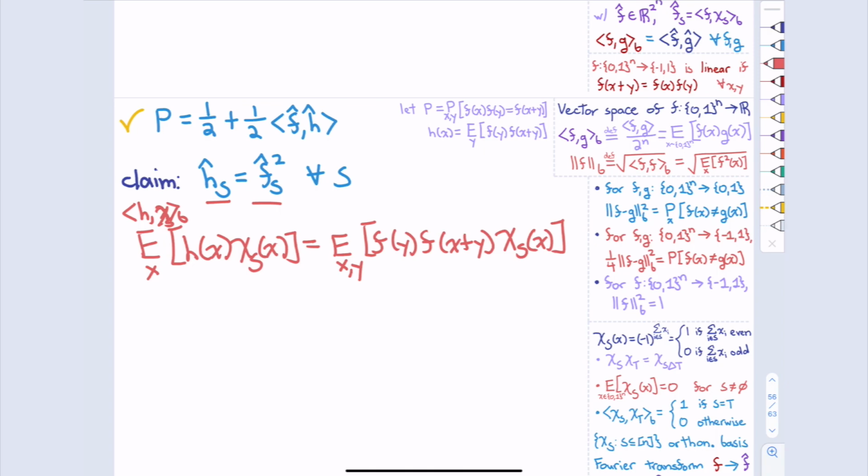Now by linearity, chi s of x plus y times chi s of y is equal to chi s of x, because we are working in bit strings. So x plus y, the two y's would just cancel each other out and go to 0, because everything's mod 2.